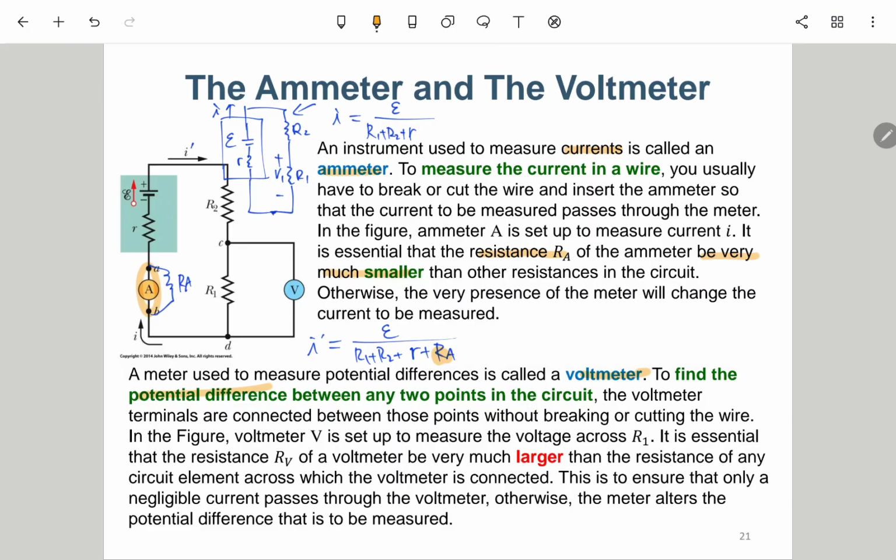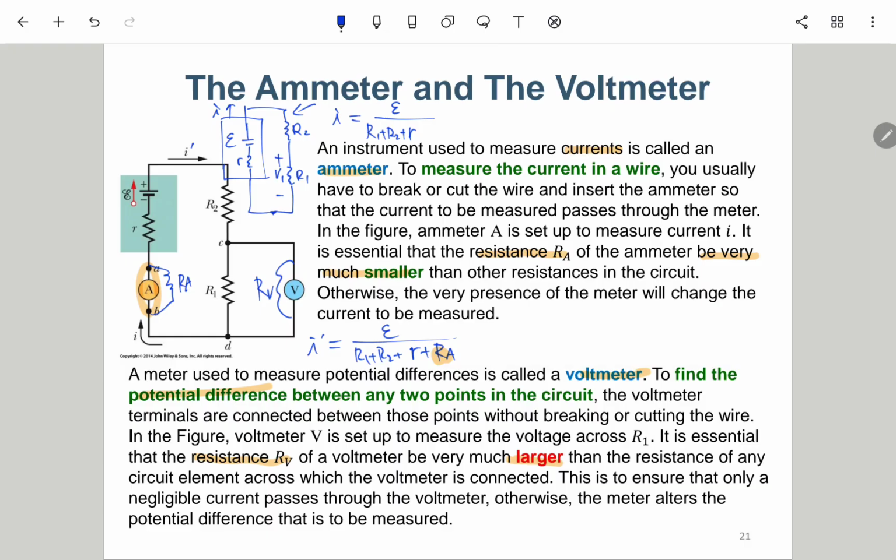It also has an internal resistance, but for the voltmeter, we hope it has a much larger resistance than all the other elements in the circuit. Here we have RV, and here we just ignore RA.